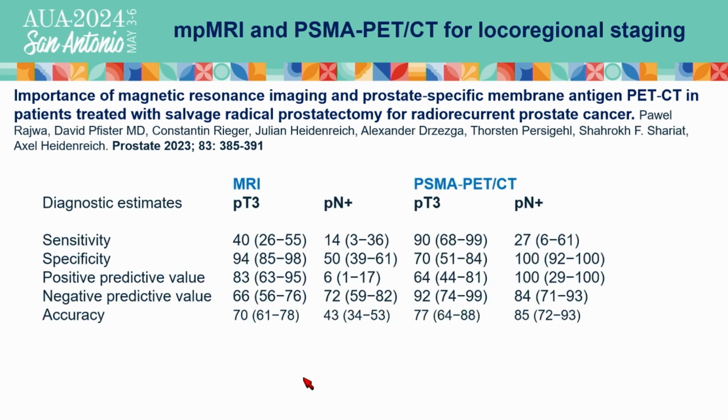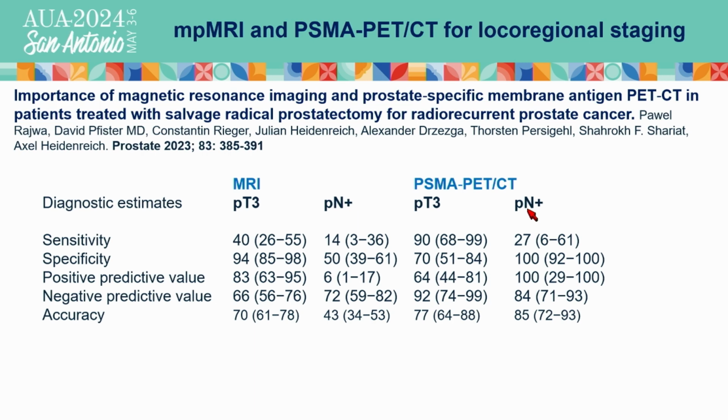When we look at sensitivity and specificity of the multiparametric MRI and the PSMA PET CT scan, we see that in most of these scenarios, the PSMA PET CT scan is superior to the multiparametric MRI in terms of the detection of locally advanced disease, but it is not very good in the detection of pelvic lymph nodes.